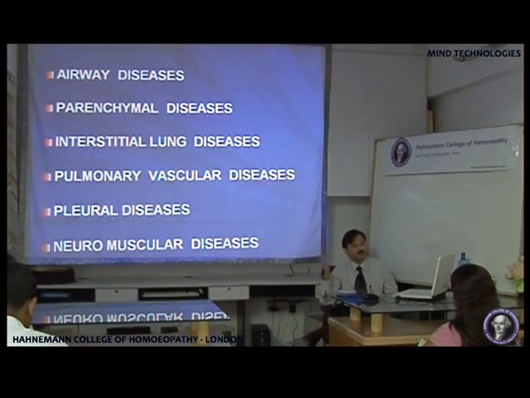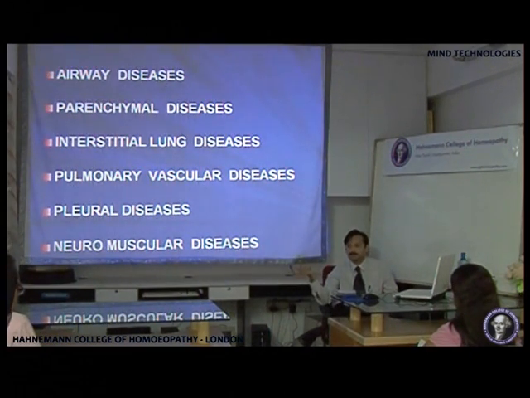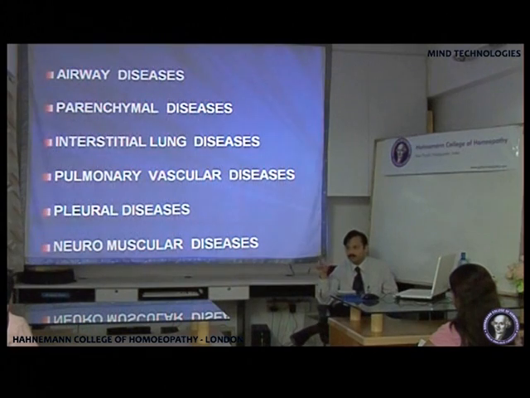Once the terminal respiratory bronchioles end, where do they end? They end into the last unit of the lungs, which is the alveoli. Now this alveoli is termed as parenchymal lung disease. So the lung alveolar diseases are termed as parenchymal lung diseases. The alveoli has a basement membrane. We all know that there is a basement membrane to the alveoli.